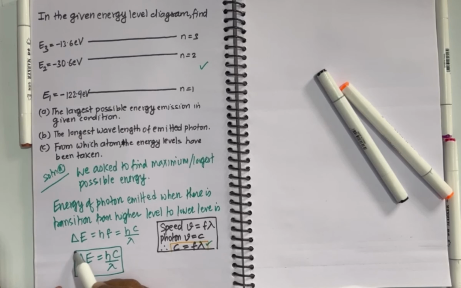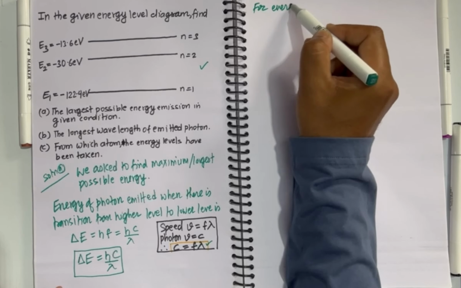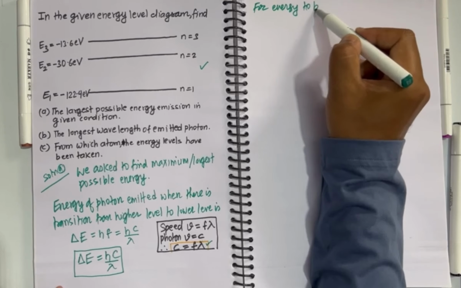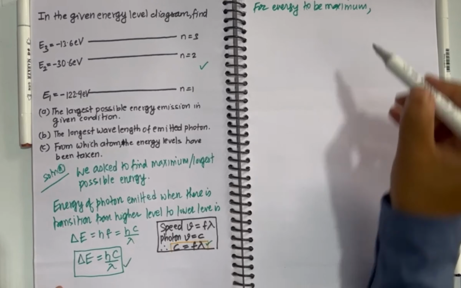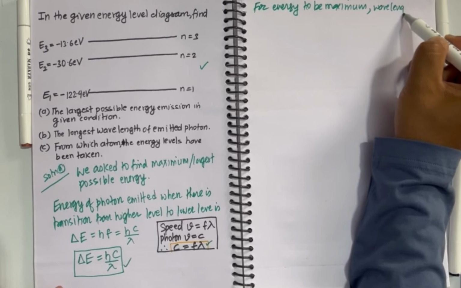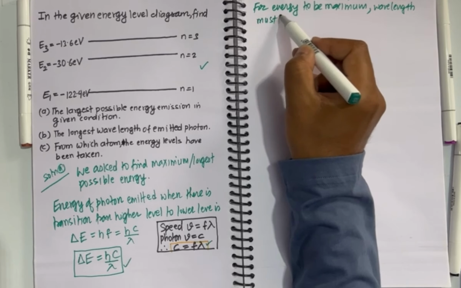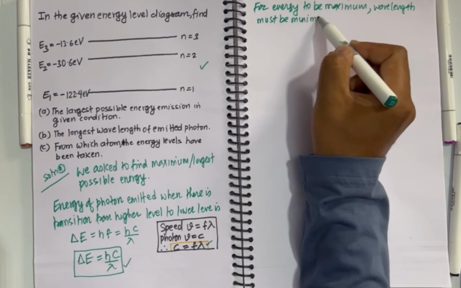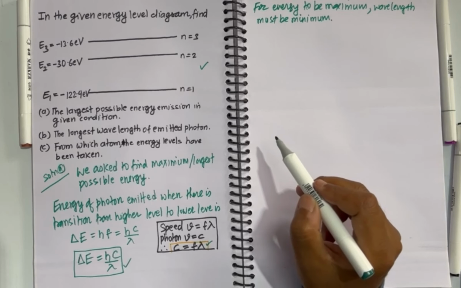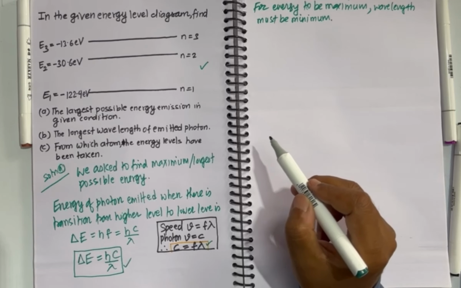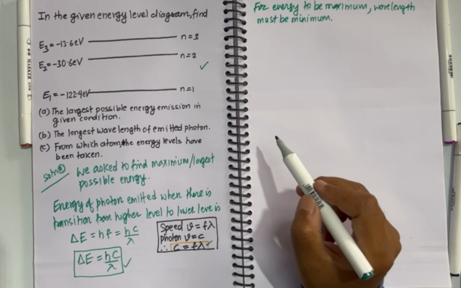Now for energy to be maximum, from this relation, wavelength must be minimum. So we need to find the maximum energy of emission.